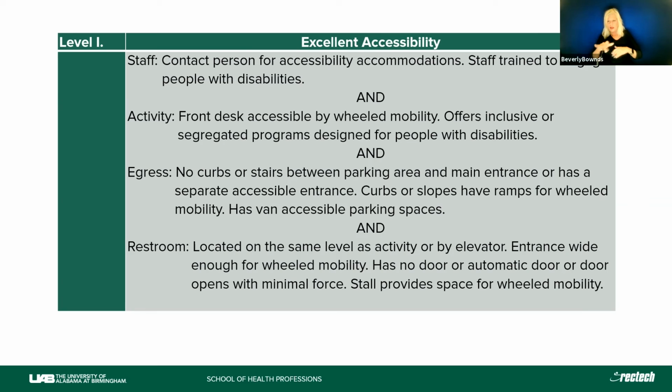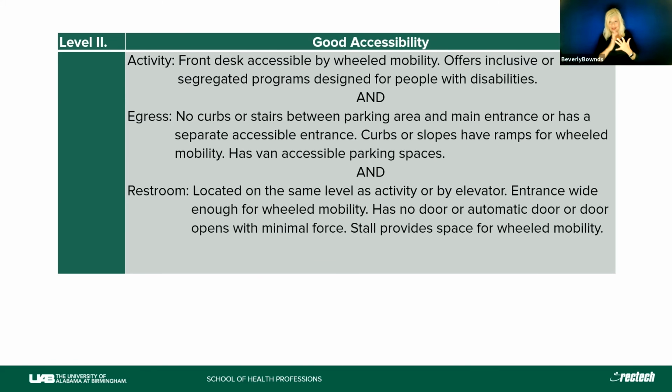This is the ideal place a person would like to go. But the ideal place is not going to be available across America in every rural location. That is why we are working on categorizing at 5 levels.